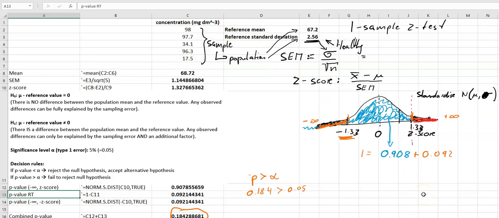So in other words, the reference value and the population are not statistically significantly different. So this is how you can perform a one sample Z-test. I hope it makes sense, and thank you very much for watching.